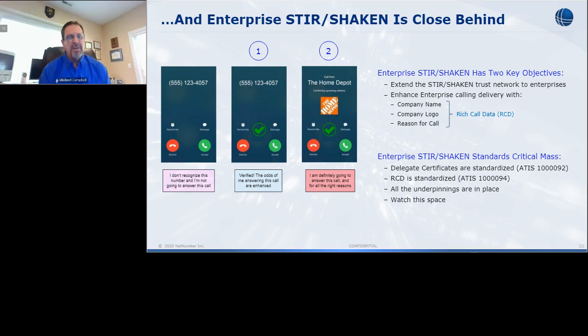So we have all the technology underpinnings in place to make this work. And as I said, my company and several others already support this technology and are doing demos and POCs. And we're working to put some customers in service with this right now. So this is the next wave.